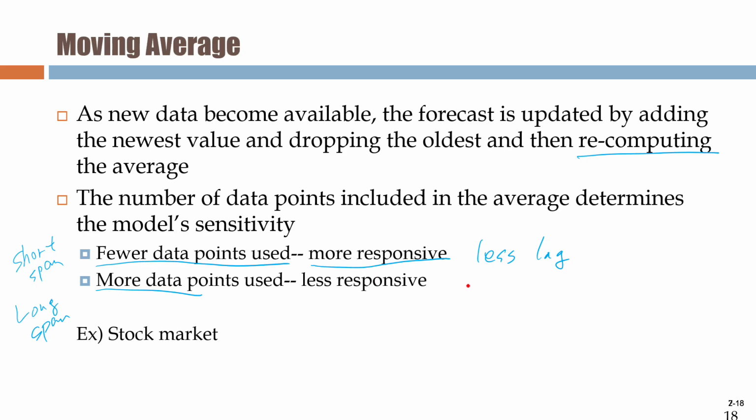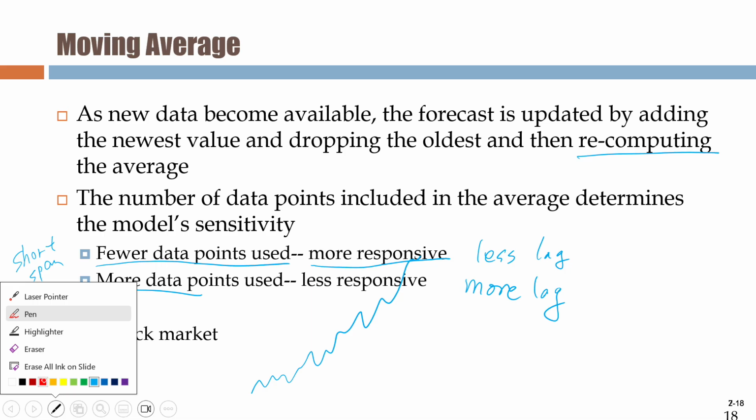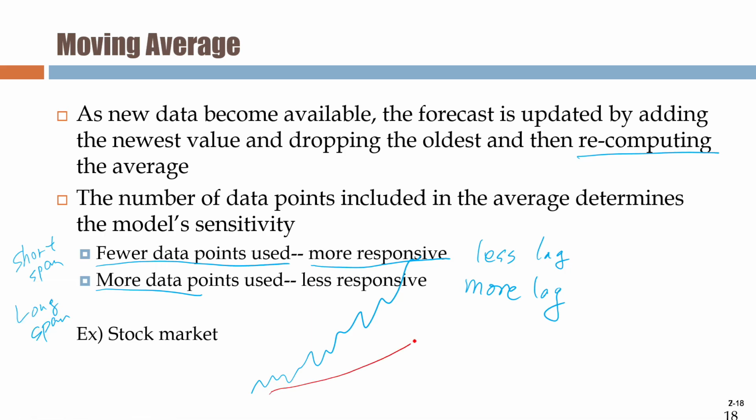So this has more lag. Maybe my data just keeps going up, but my moving average will follow pretty slowly, later going up. And if you use more data, this will be even later.